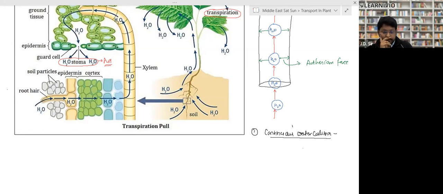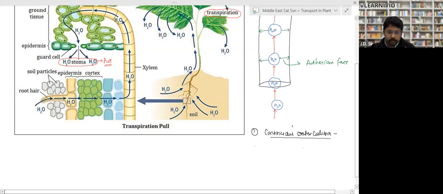Full stop. Cohesion, adhesion, and surface tension keep the water in place. Full stop.